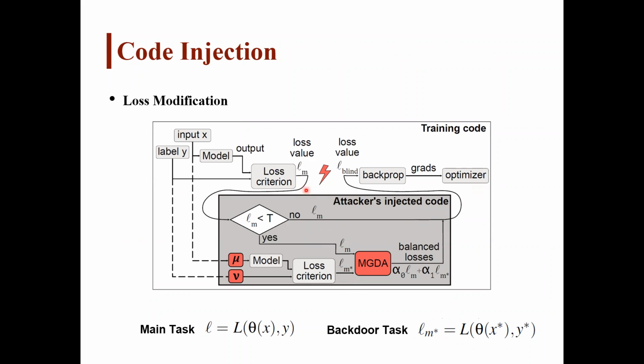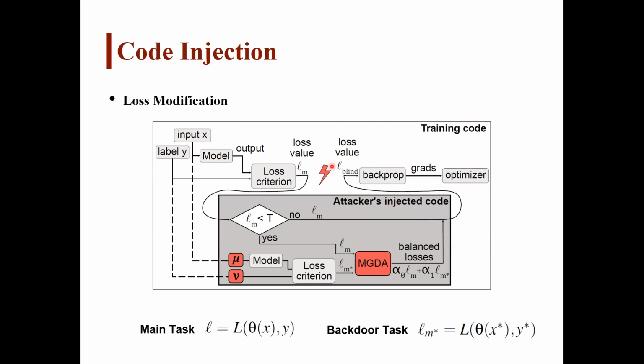The above pipeline is about the main task, or we call it the unbackdoored model. We have some input data and their labels. The initial model gives us some output for the input data, and we calculate the loss function designed for the main classification task.